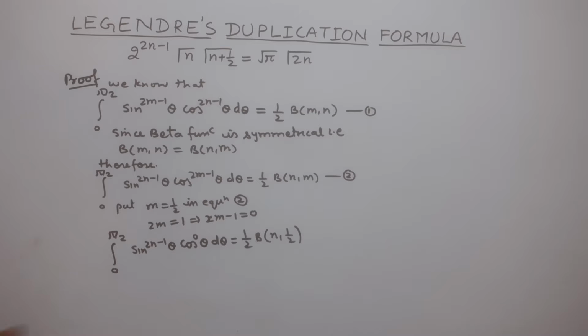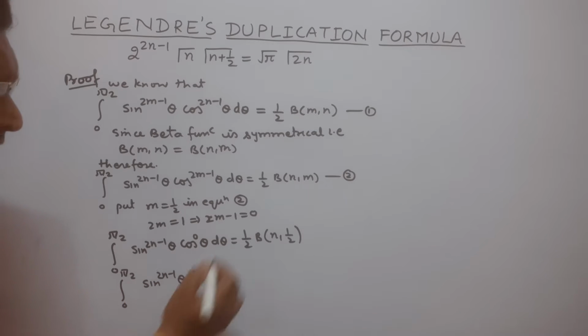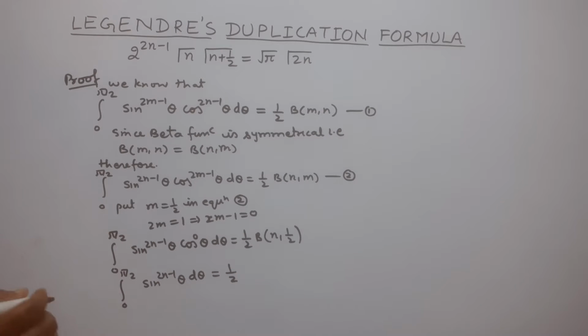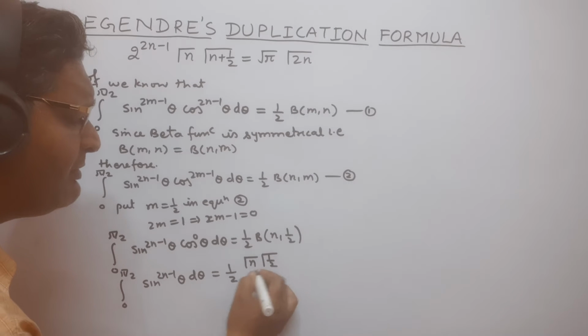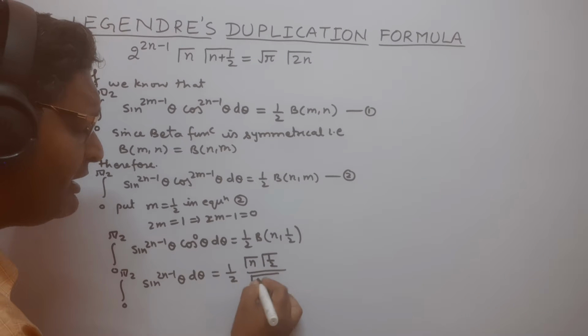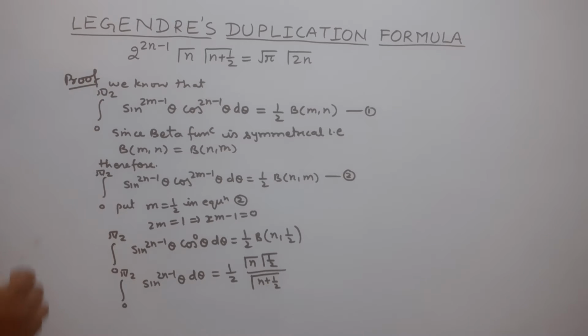Now we know that the power of cos theta is 0 here, so this is equal to 1, so we get the integral from 0 to pi by 2 of sin to the power 2n minus 1 theta, and on the right hand side we know the relation between beta and gamma function, that is beta m n is equal to gamma m gamma n divided by gamma m plus n, so this can be written as gamma n gamma 1 by 2 divided by gamma n plus 1 by 2.